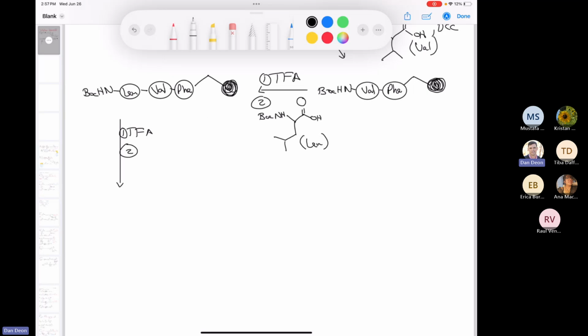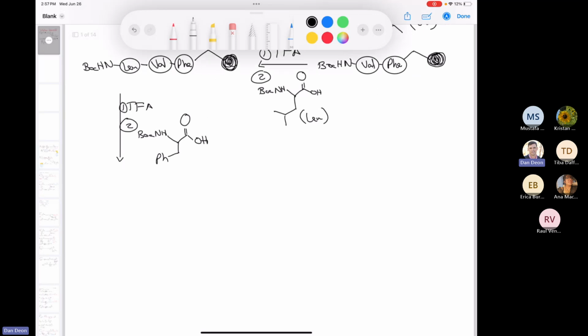Step 2 is going to be another phenylalanine. So let's put in our phenylalanine here, which is going to look something like this. We'll put Boc and NH, like this. There we go. There's our carboxyl group. Then we'll put our CH2, and I'll just put Ph for our phenyl, like this.